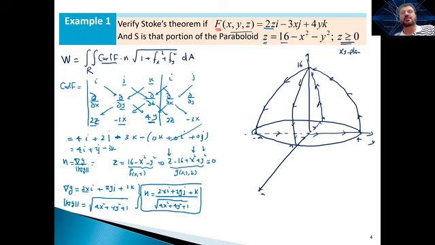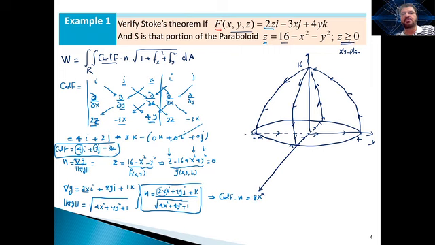Now we have n, and we have the curl of f. Now what do we do? We do the dot product. So if I take curl f, multiply it by n, we multiply the 4 by the 2x, we get 8x.